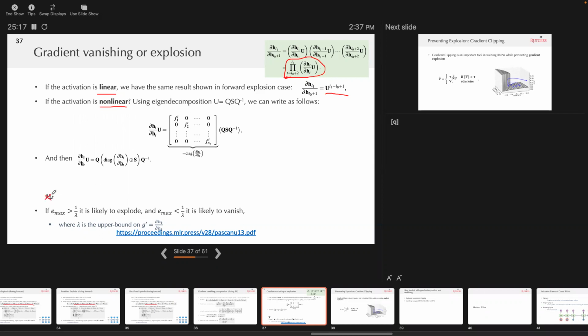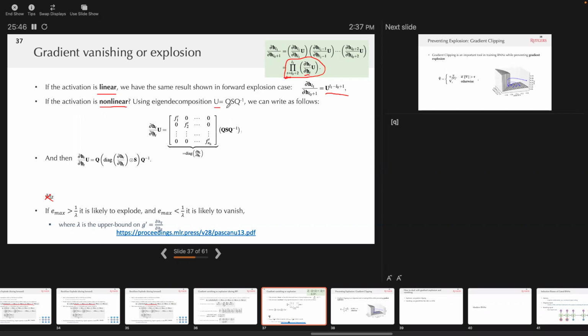So, if the activation is nonlinear, then you cannot ignore this term in the middle here, right? But in order to make it manageable, you will need a special trick. That's called eigen decomposition. Basically, you would need to decompose this matrix U into the product of 3 terms.